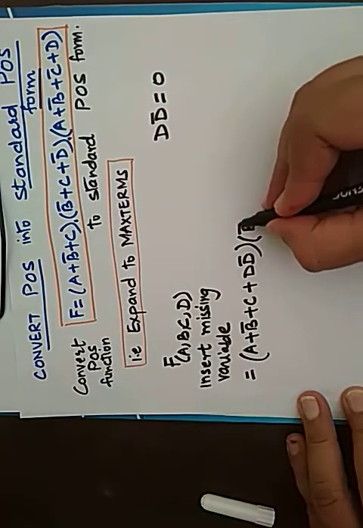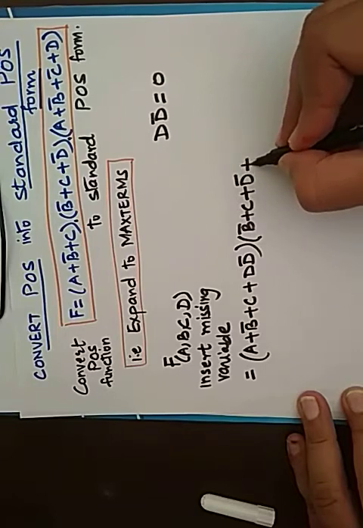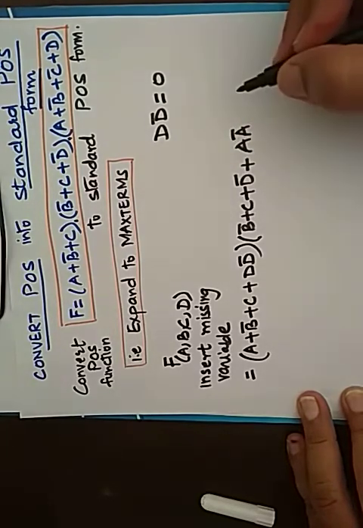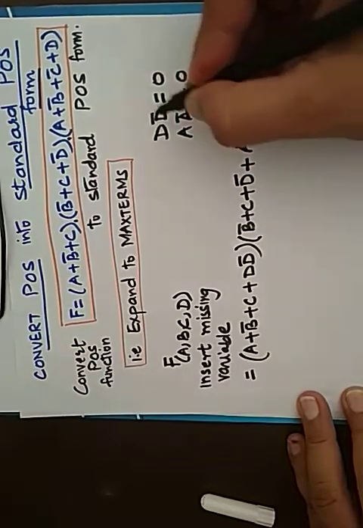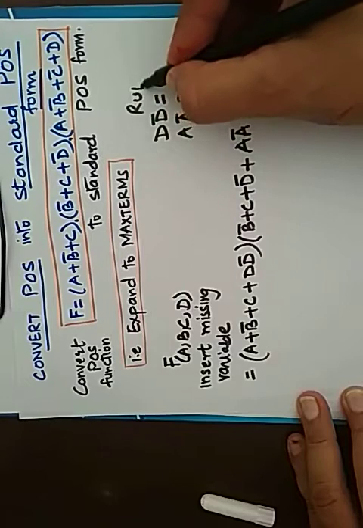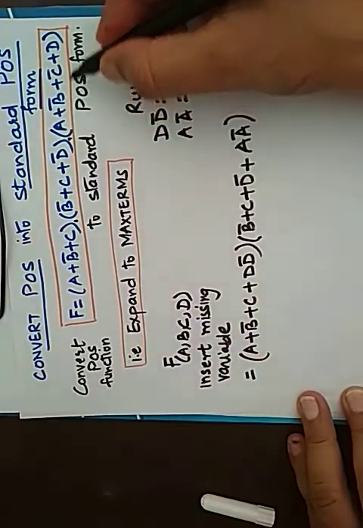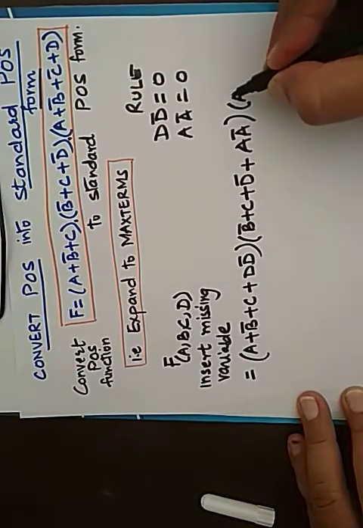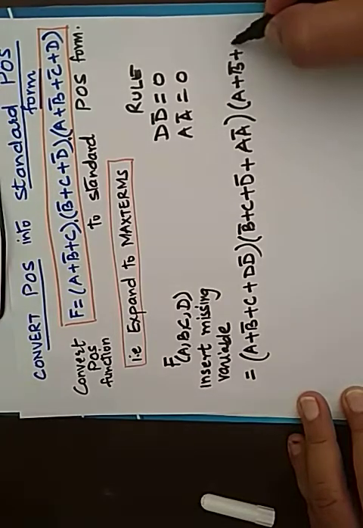And to insert the missing variable, which is A, you write plus A A bar because A A bar is also 0. This is the Boolean rule. The third term, there is no missing variable, so you may just write it down as it is. A plus B bar plus C bar plus D.